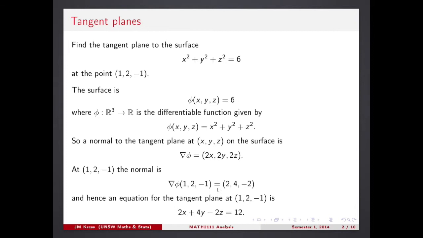You take these coefficients you come up with, 2, 4, and negative 2, as factors in front of x, y, and z, right in here. And then you choose the right-hand side in a way that when you plug the point at which you want to find the tangent plane into the left-hand side, you end up with the correct identity. So if you take this 1, 2, negative 1, you cross the left-hand side, it will be exactly 12. That's how the 12 on the right-hand side came up.